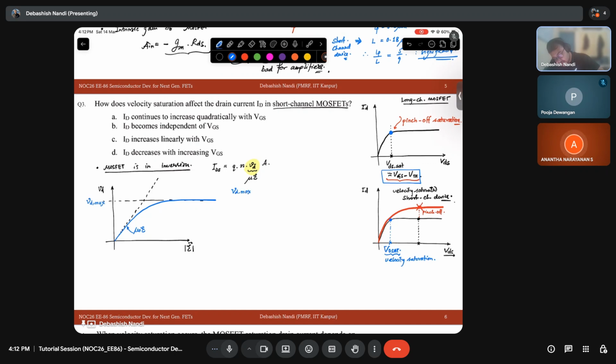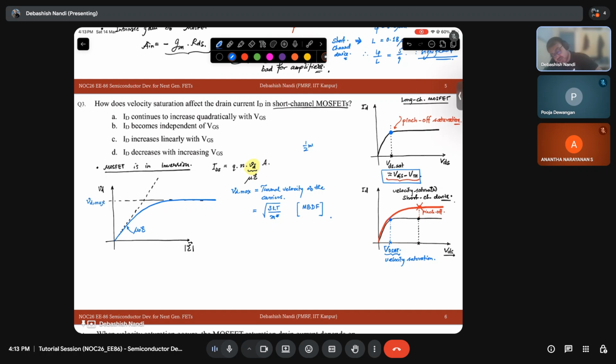That's the maximum velocity, the maximum thermal velocity of the carriers. It is generally given by the square root of 3kT by m star, assuming MBDF, the Maxwell-Boltzmann distribution function.